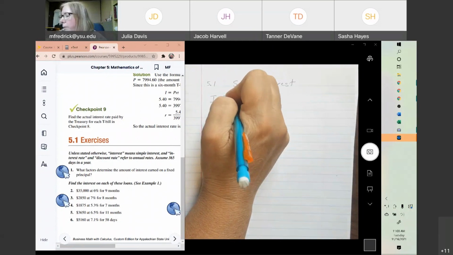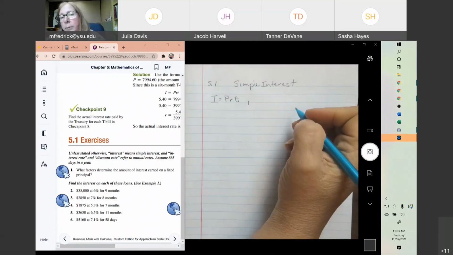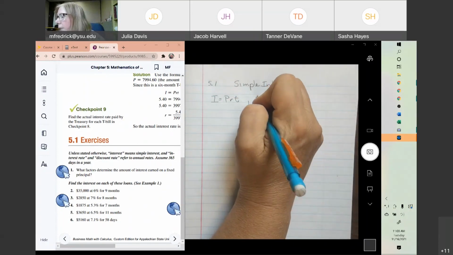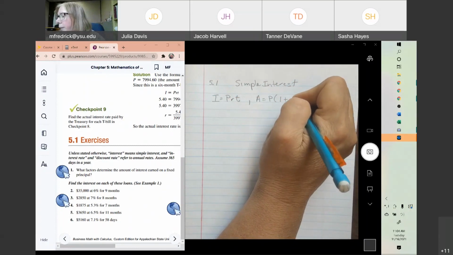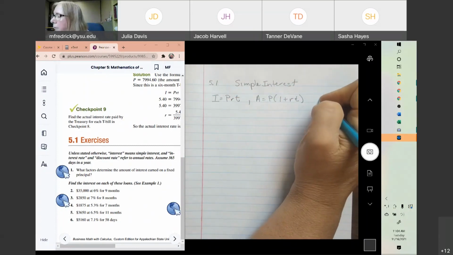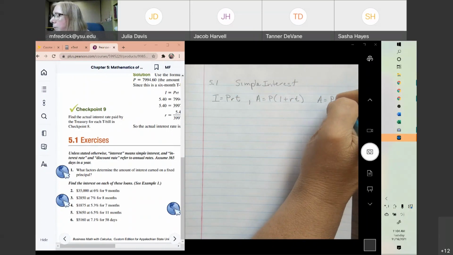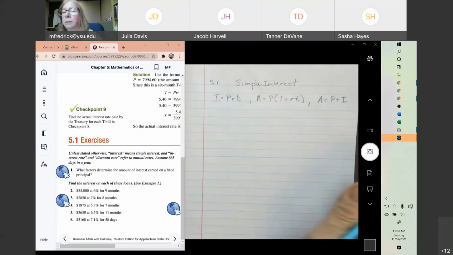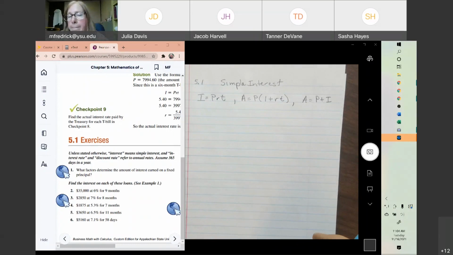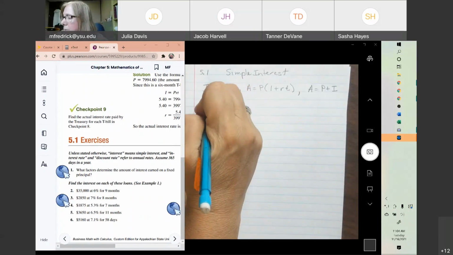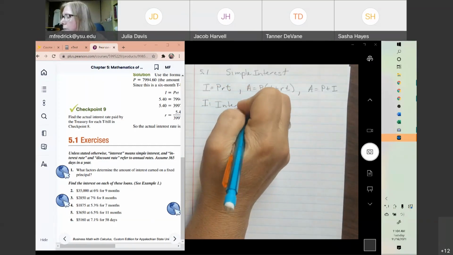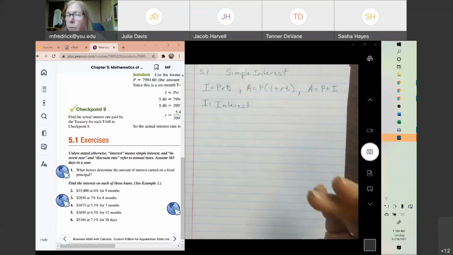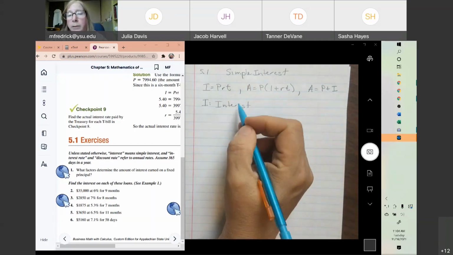There's three formulas for simple interest. I equals PRT. There's A equals P times (1 plus RT). And then there's A equals P plus I. I is interest. So it's the amount that you make or owe, but it's the interest.